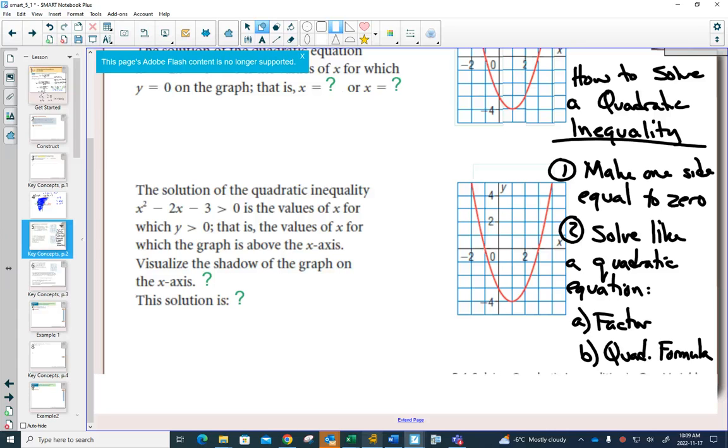Then we're going to solve this just like we did with quadratic equations, by factoring or the quadratic formula. And that will find out where it's equal to 0.